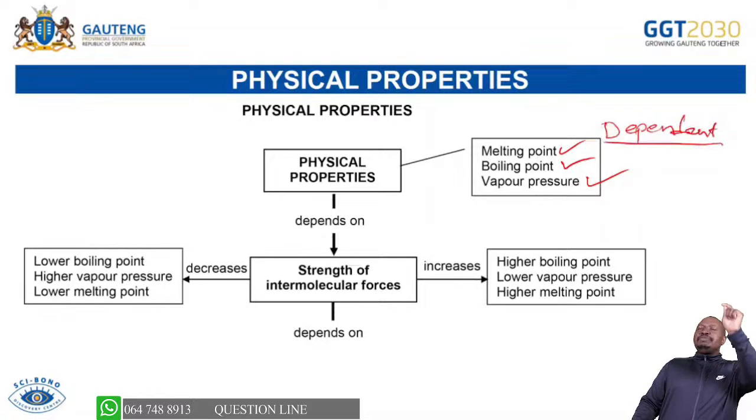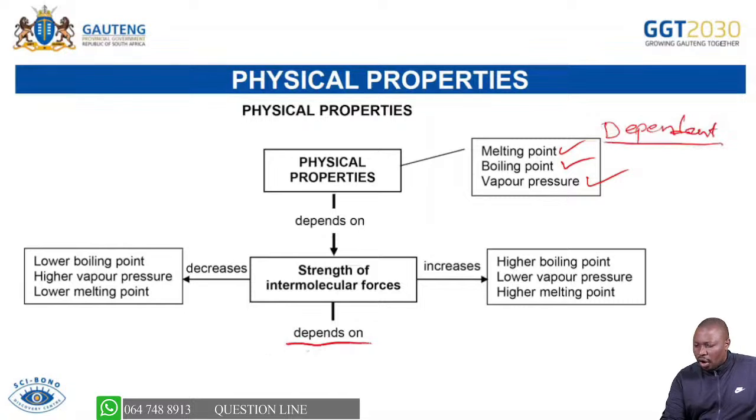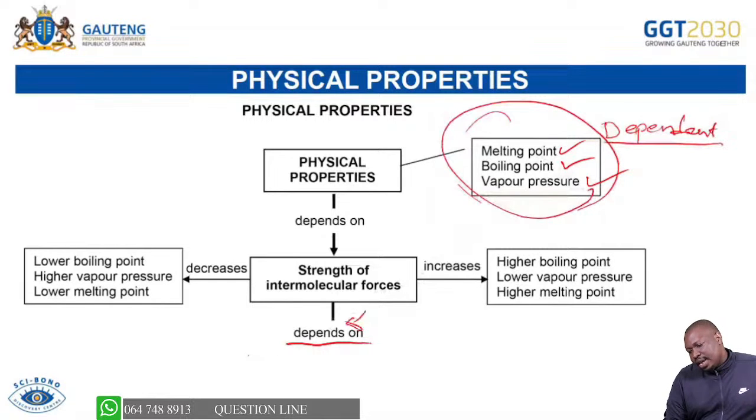Now, what are the independent variables? What are we changing during this question? They depend on the intermolecular force. They depend on the functional group. They depend on the branch. Is there a branch?